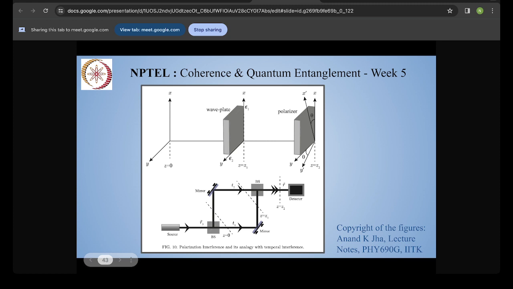The first dashed line shows the z equal to 0 plane, the second dashed line shows the z1 plane, and the last output part shows the z2 plane. So now you just make the analogy of how we mimic the temporal interference in the Mach-Zehnder interferometer in the polarization interference.